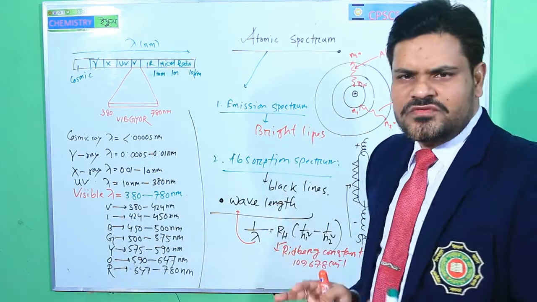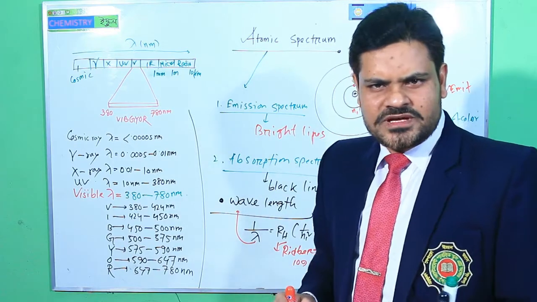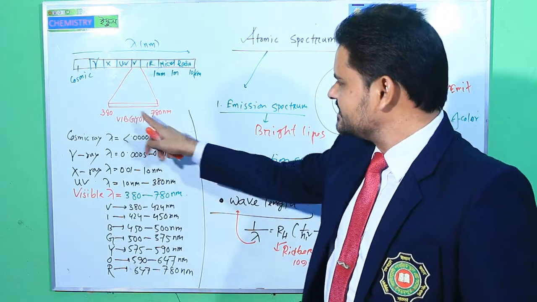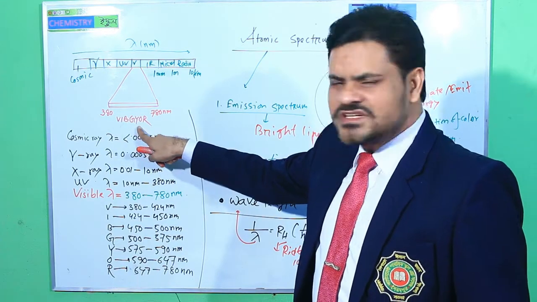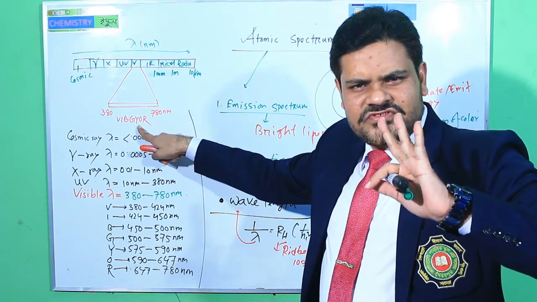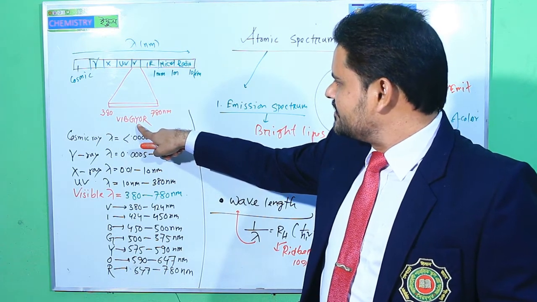Now the visible ray. This is important for you. Some mathematical problems and creative questions will be set from this range. Visible rays are visible to us, and we can see this type of color. There are 7 colors we can easily see from the wavelength.